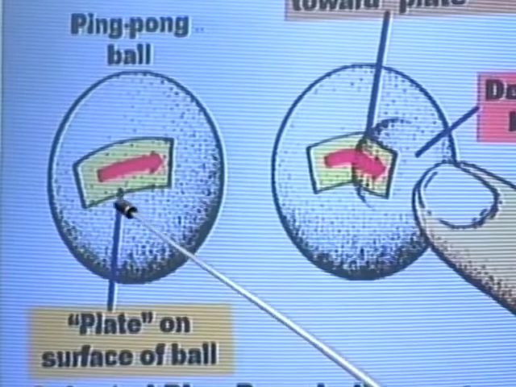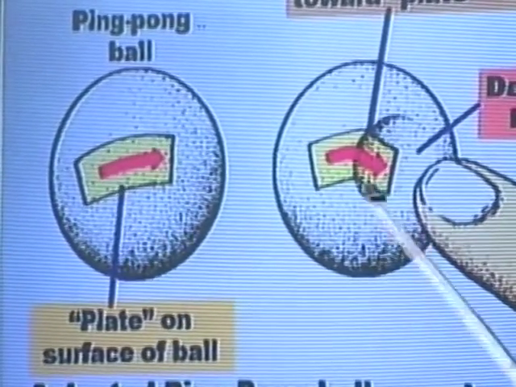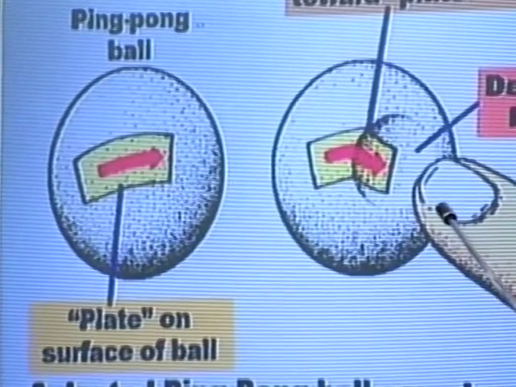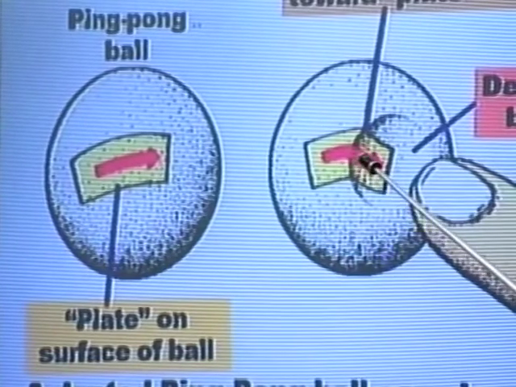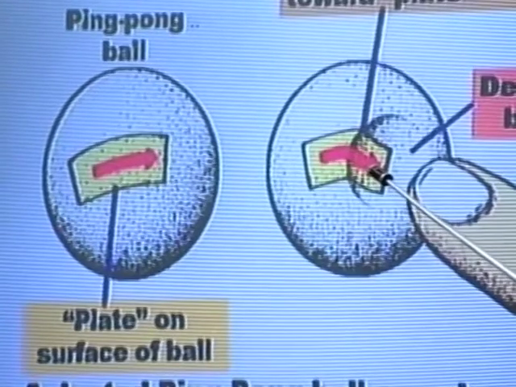What you would do then is slightly press or dent the ball where the square you have drawn with the arrow is. And then what you will see is a bend where the arrow you've drawn is.